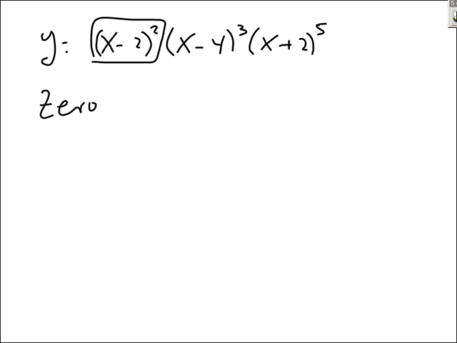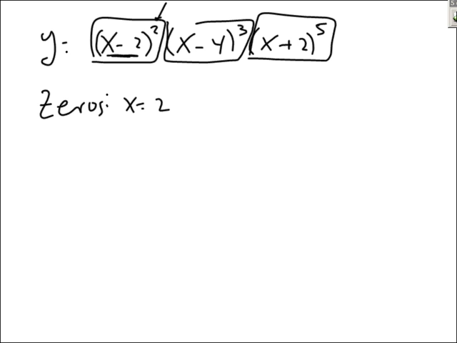If this times that is 0, then at least one of the things in the boxes are 0. And if you square something and you got 0, you had to be squaring 0. That is, what's in the first box, that is the first factor, is 0, only if x is 2.